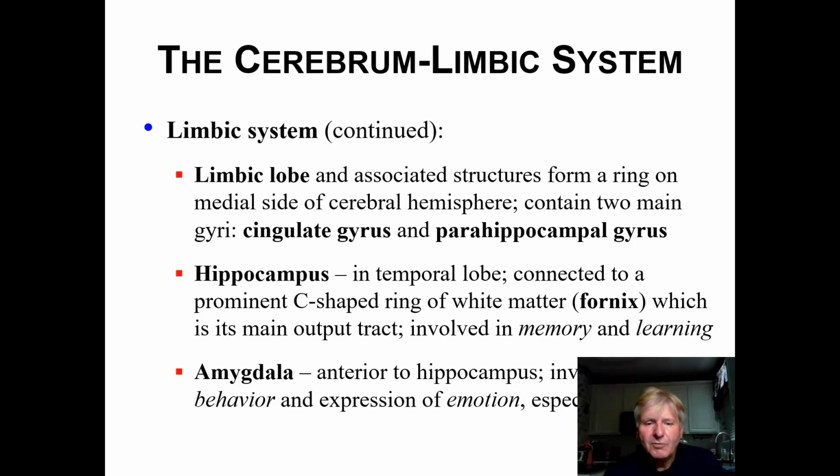The hippocampus is located in the temporal lobe. It's also connected to another prominent C-shaped ring of white matter called the fornix, which is its main output tract. It's involved in memory and learning. And then the amygdala, anterior to the hippocampus, is involved in behavior and expression of emotion, especially the emotion of fear.